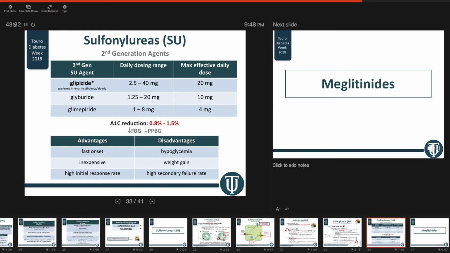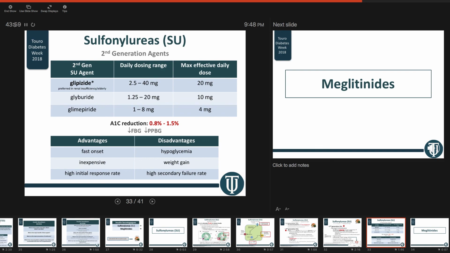However, the max effective daily dose is half of the manufacturer-recommended dose. That's important because we don't see more benefit beyond the max effective dose. In terms of A1C reduction, we might see as high as a 1.5% reduction.